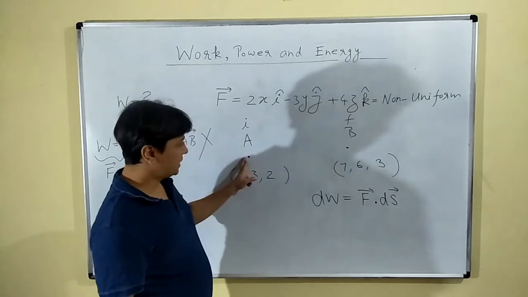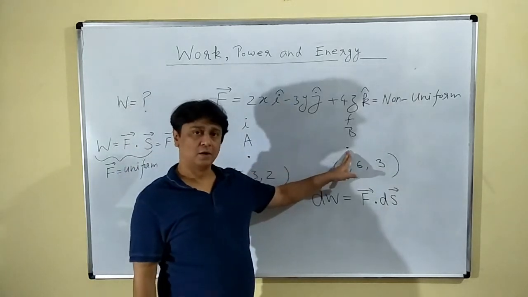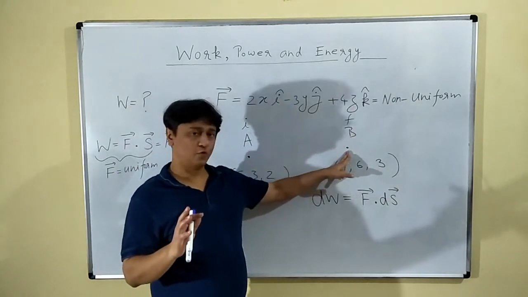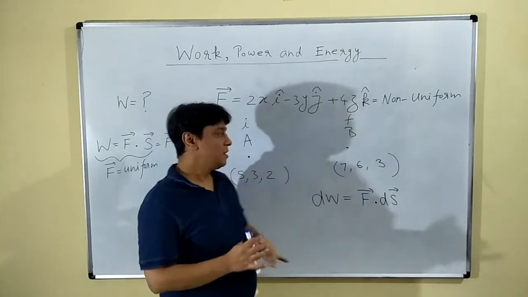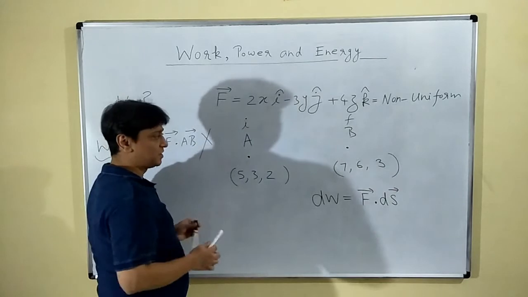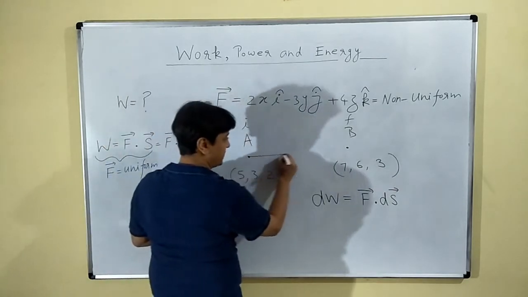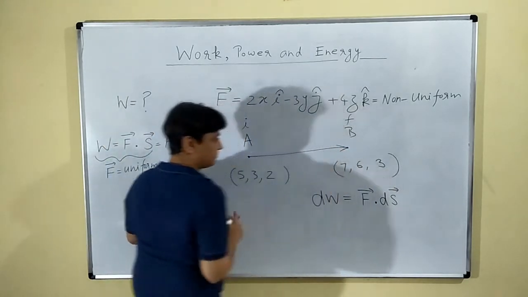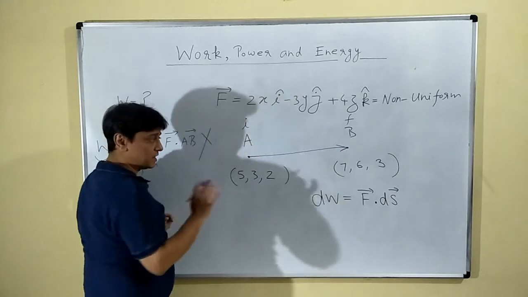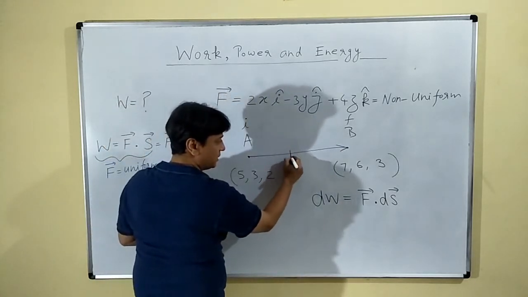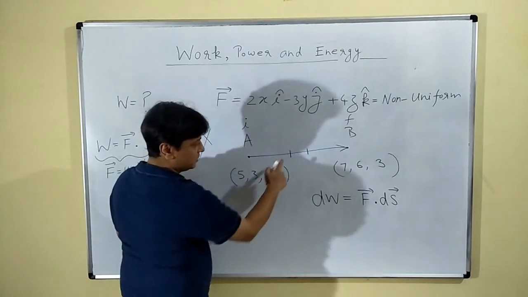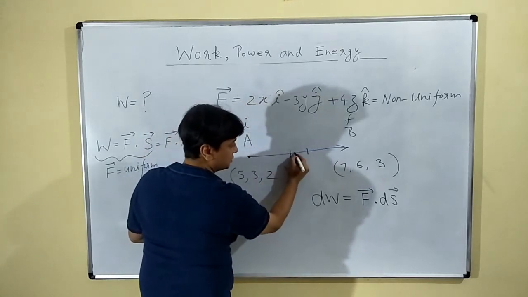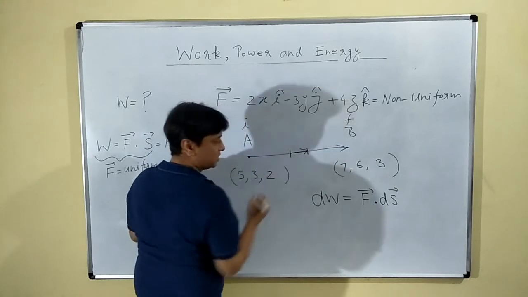जब आप यहां से यहां जाओगे तब आपका फोर्स अच्छा खासा चेंज होगा. But if somebody is looking at this displacement AB and he considers only a small part of it, let's say from this position to this position, this much.